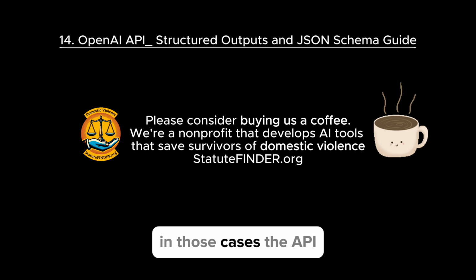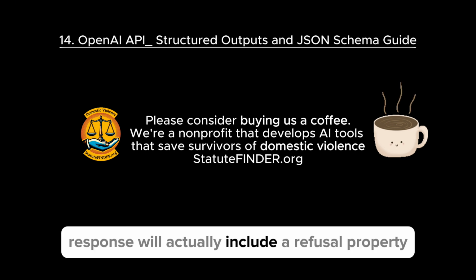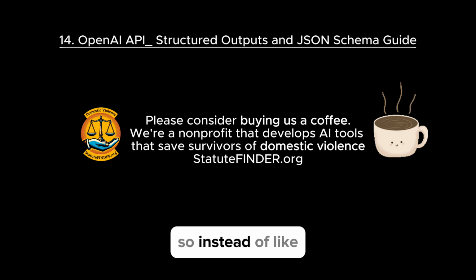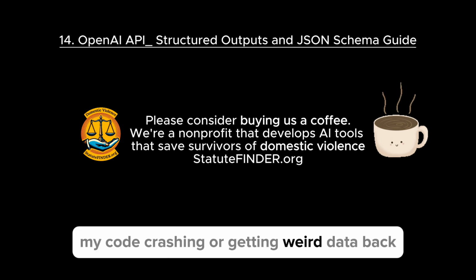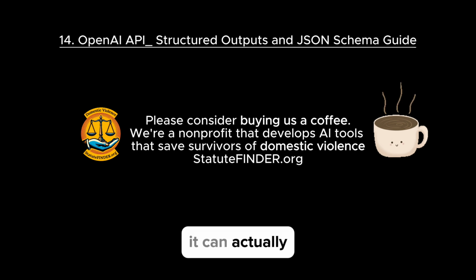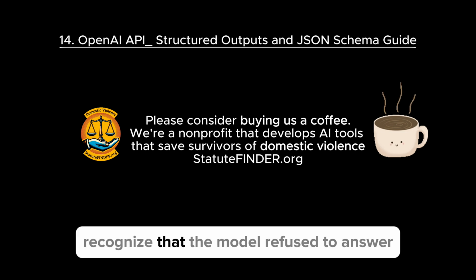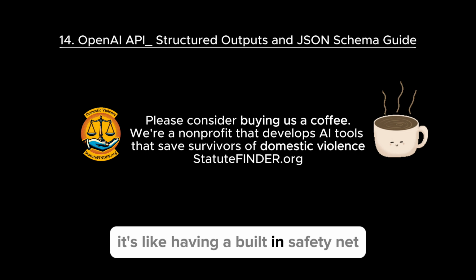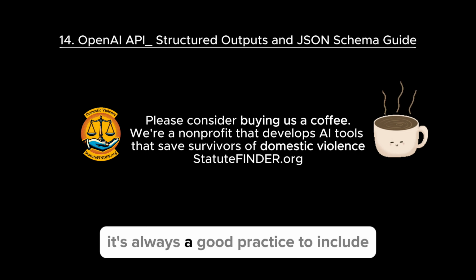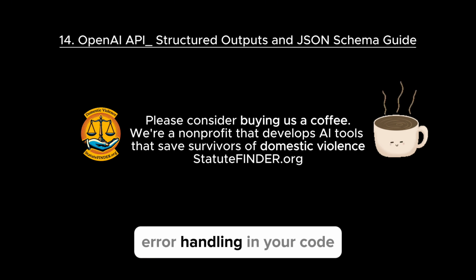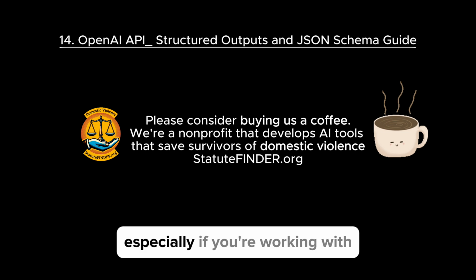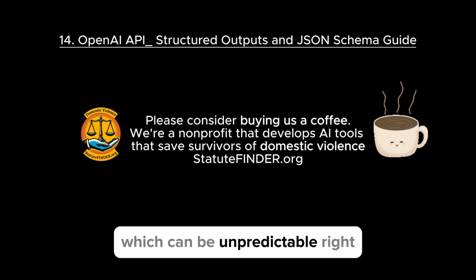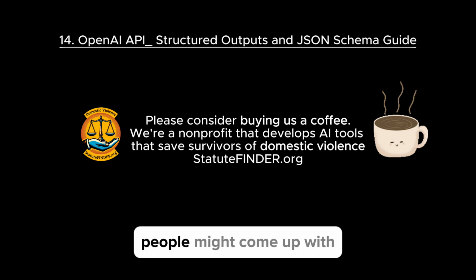In those cases, the API response will actually include a refusal property. So instead of my code crashing or getting weird data back, it can actually recognize that the model refused to answer and handle it gracefully. Exactly. It's like having a built-in safety net. That's really nice. It's always a good practice to include error handling in your code to deal with those refusals, especially if you're working with user-generated input, which can be unpredictable. Right. You never know what kind of crazy questions people might come up with.